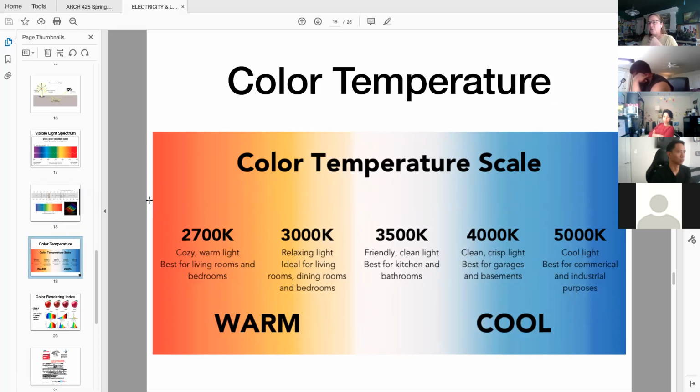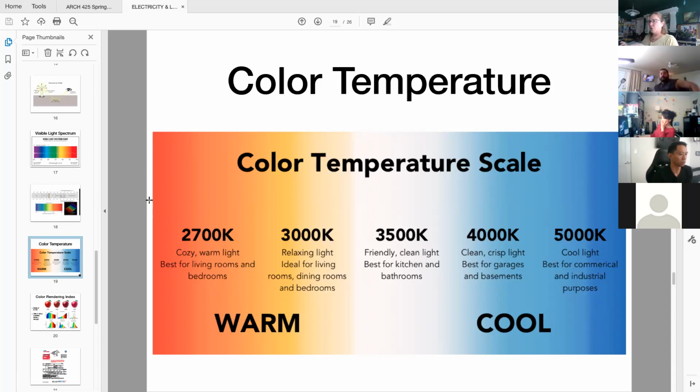But what we perceive better as humans is warm lights, which is a different temperature than the stark, pure daylight. So don't be fooled by the terminology daylight bulb when you're looking at light bulbs. Always look at what the actual color temperature is.